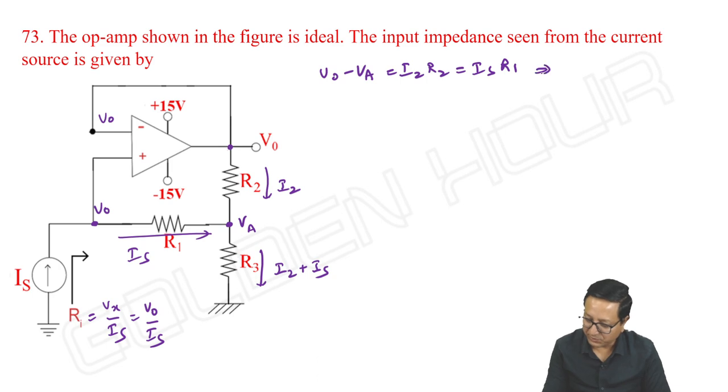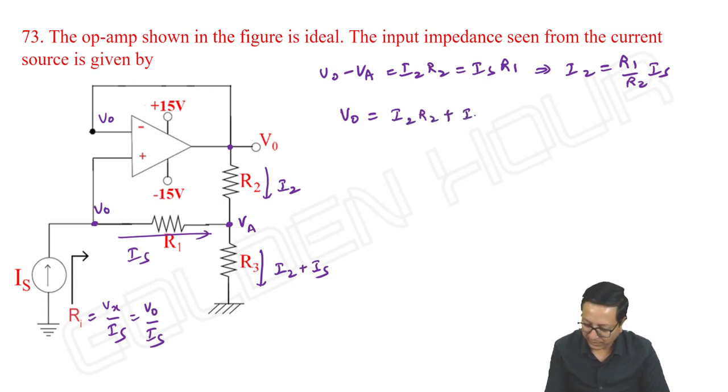So what about I2 then? It is R1 by R2 into Is. Okay, done. Then what about our V output? V output is equal to the voltage at this point with respect to ground. That is I2 into R2 plus (I2 plus Is) into R3.